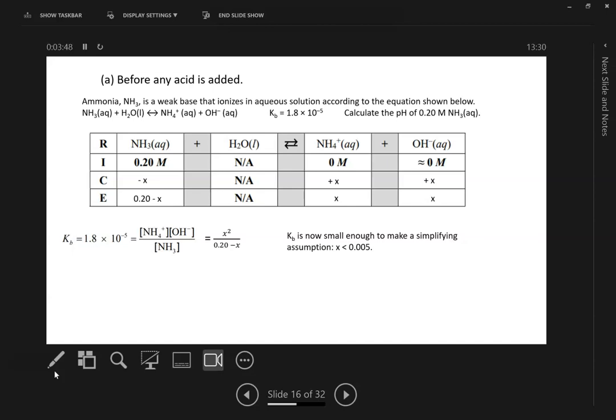We very easily solve for X, and we get X, which is the OH- concentration, is 0.001897. So our assumption is valid. Now we can take the pOH, which is just the negative logarithm of that number, 2.72, but pH is going to be 14 minus that number, or 11.28. This makes sense. We have a weak base, but it's a base, so our pH is going to be significantly higher than 7.